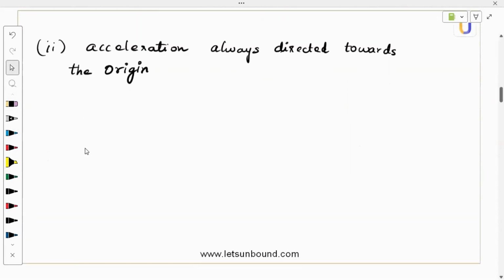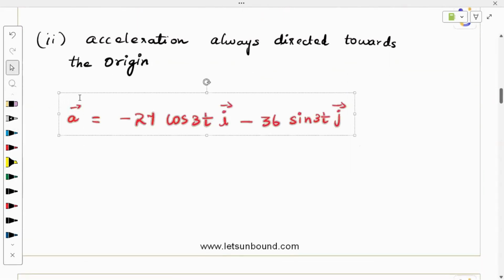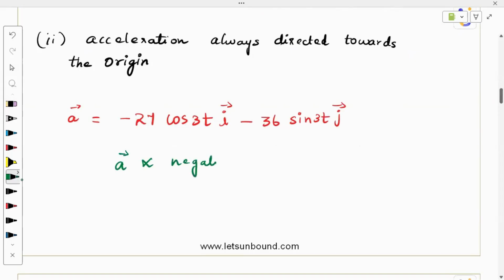And there is a little concept behind this. We can just quickly recall that before solving. When the acceleration vector is directed towards the origin always, we have a general expression: the acceleration vector is proportional to the negative of the position vector, that means the r vector.